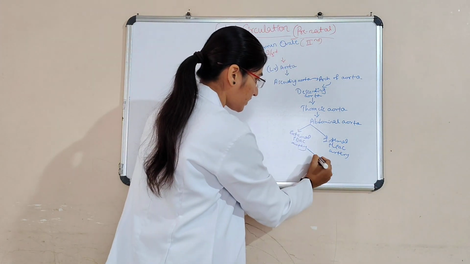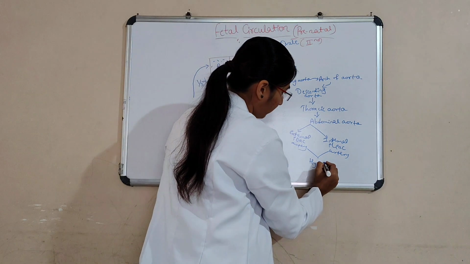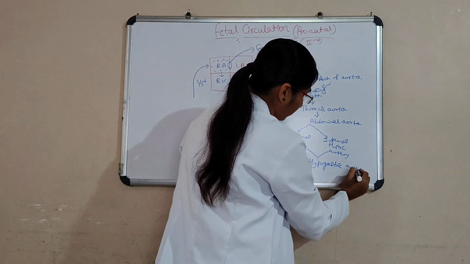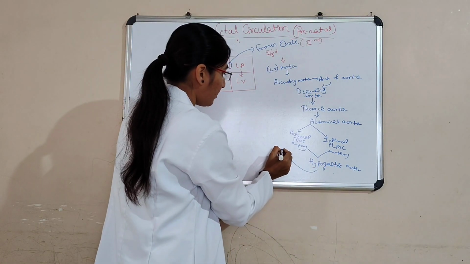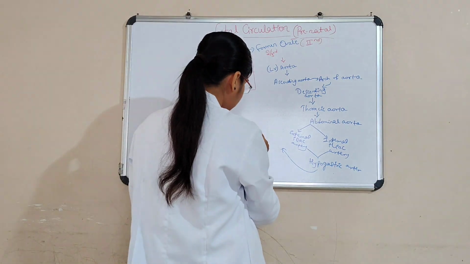After that this comes to the hypogastric artery, and from the hypogastric artery it goes to the umbilical artery.